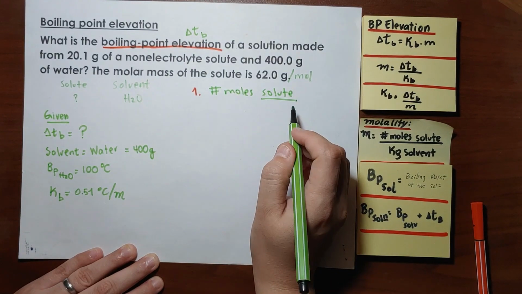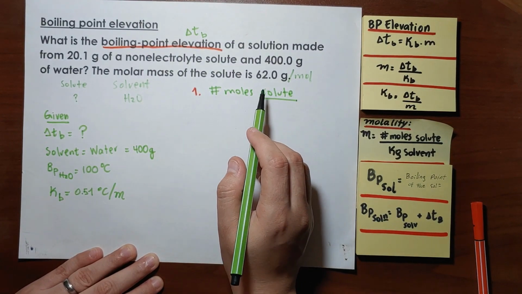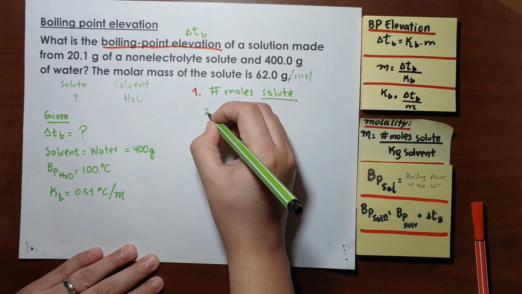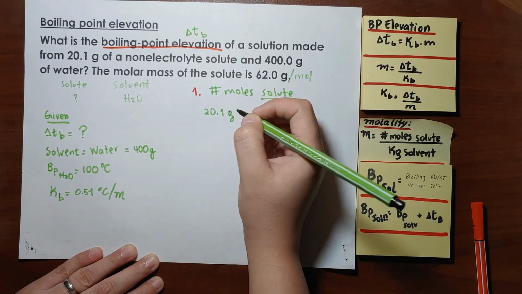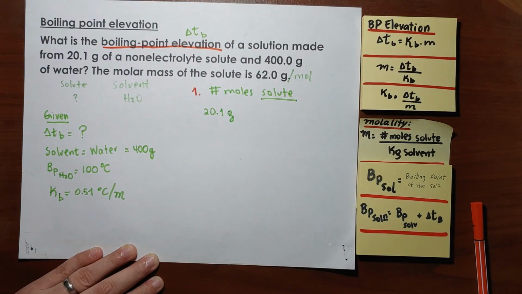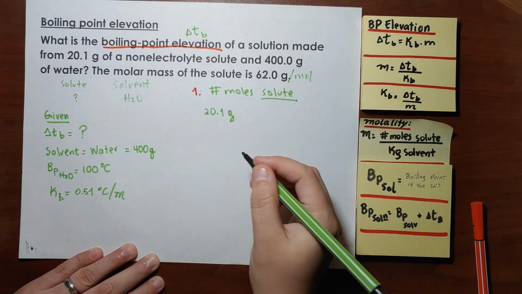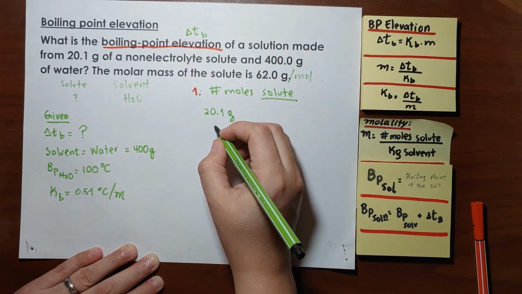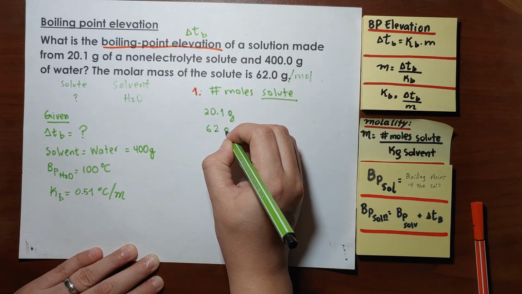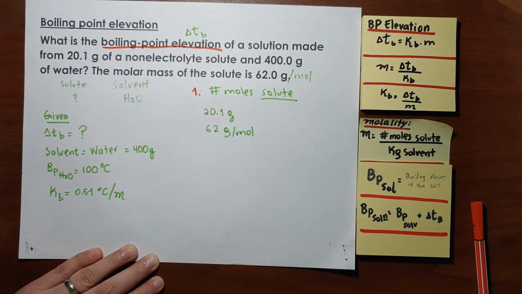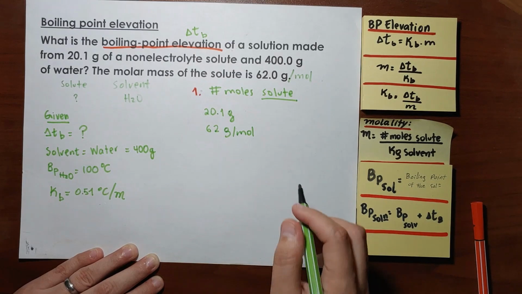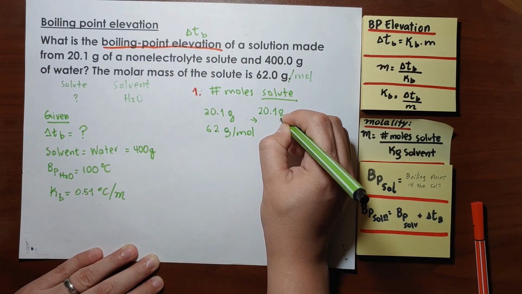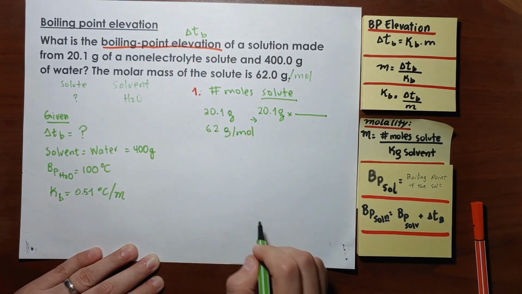Solution. My first step is to get the number of moles of solute. What do we know about the solute? We have 20.1 grams, and we also have the molar mass of the solute, 62 grams per mole. In order to get the number of moles, I will do a simple conversion: 20.1 grams times the molar mass as a conversion factor.